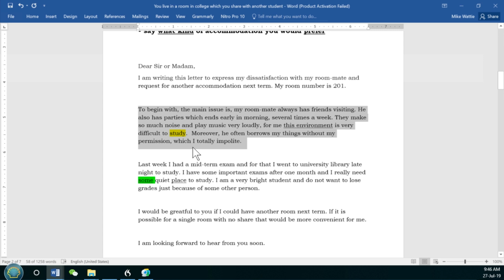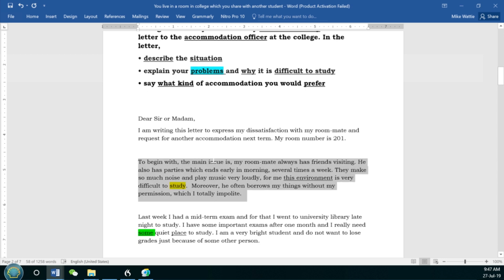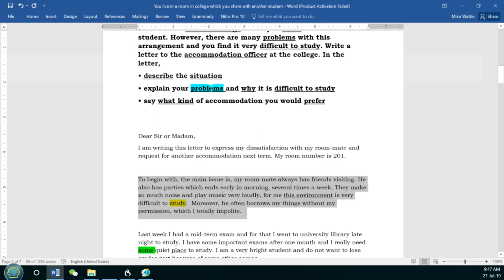The examiner is trying to establish the situation and then the problems. Putting them all together in one paragraph like this is not great, and I think this is due to a lack of planning and a lack of appreciating the subtle difference between describing a situation and explaining problems. I'm going to show you a model answer later that will illustrate this more clearly.